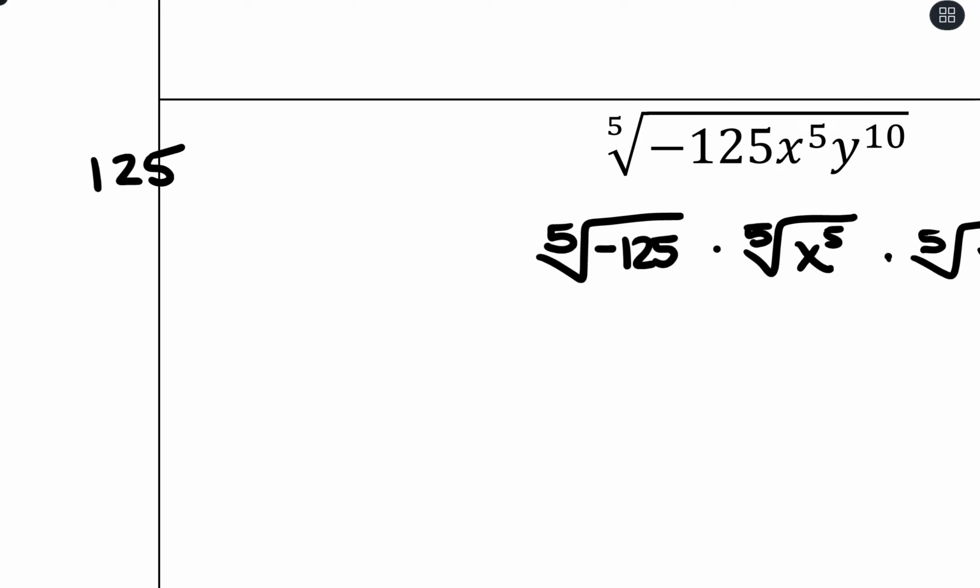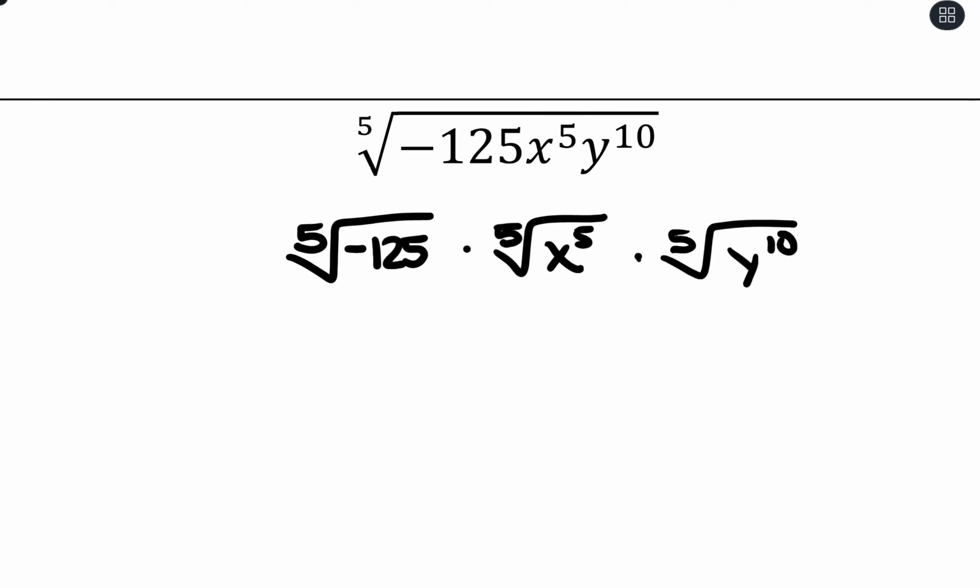So 125 I know comes from a 5 times 5 times 5. That's going to be stuck. I was going to start writing out the prime factorization, but I don't really have much to write there. So that's going to be stuck underneath the radical.